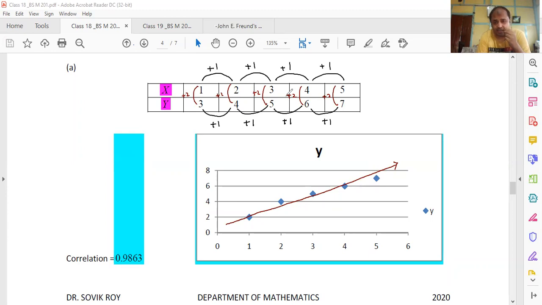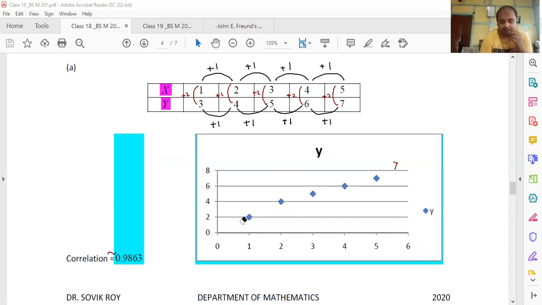So this relation is actually not perfect, although we are getting a correlation coefficient very nearly equal to 1. I am writing here exactly the correlation coefficient which I get after the calculation, which comes out to be 0.9863. It is happening because in this scatter plot, some of the values are not falling on the straight line. So this is the scenario over here.